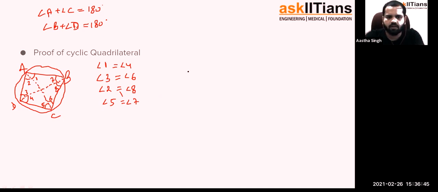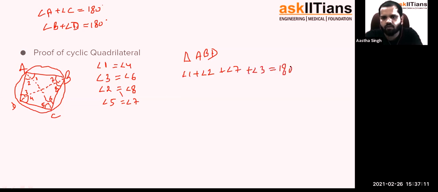If you consider triangle ABD, in the triangle, angle 1 plus angle 2 plus angle 7 plus angle 3 will be equal to 180 degrees, right guys?